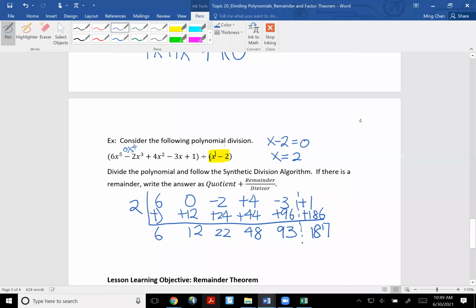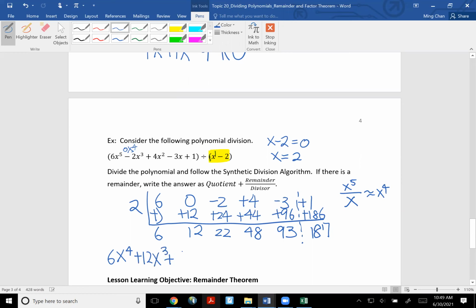Okay, so when x goes into x to the fifth power, that tells me the quotient starts with x to the fourth power. So my first term now is 6x to the fourth power. The exponent gets knocked down by 1. The next term, positive 12x to the third.